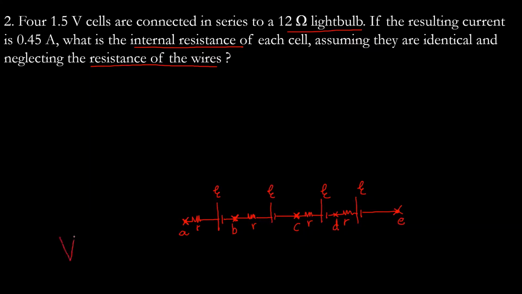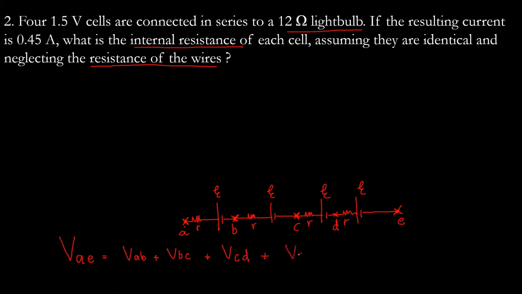So what can you tell about the voltage difference or the terminal voltage between A and E? The voltage difference between A and E is the voltage of all of these, right? It is VAB plus VBC, the voltage across this cell, plus VCD, plus VDE, the voltage across the last cell.